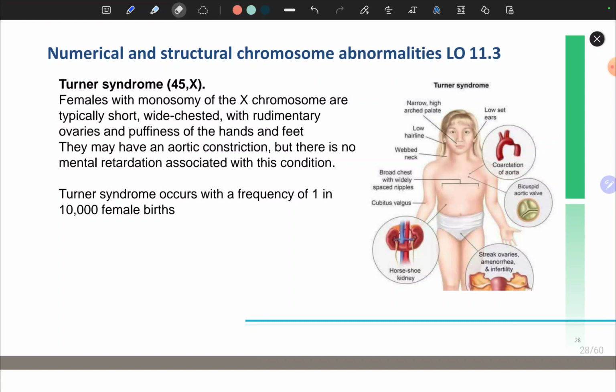So low set ears, narrow and high arch palate. We have coarctation of the aorta, abnormalities in the valve, low hairlines, webbed neck.